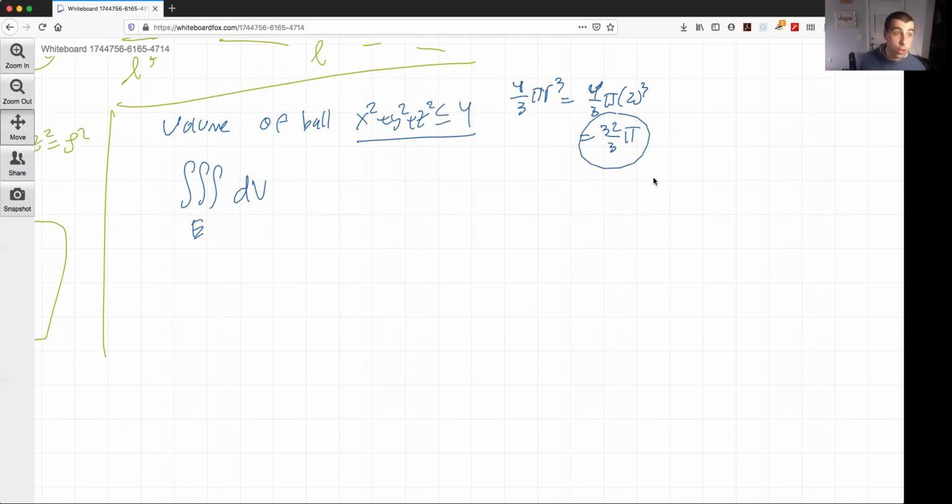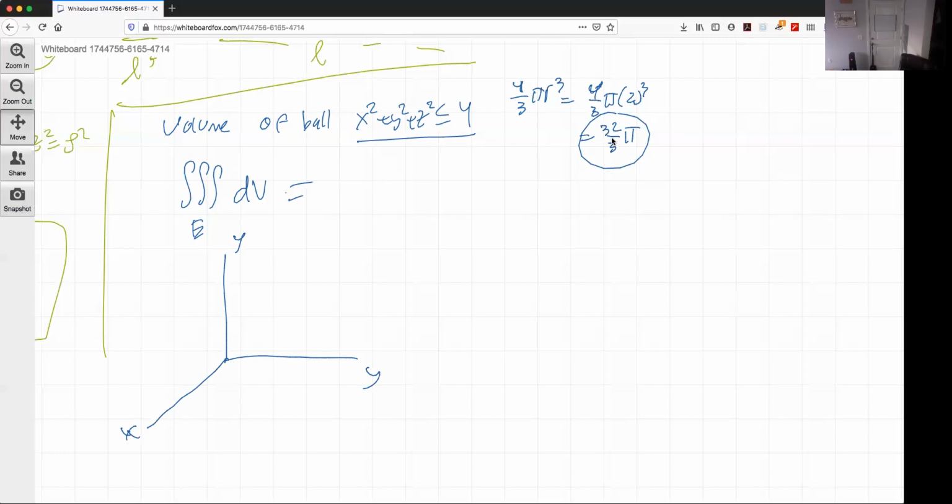I don't even need to know the integral, but let's try to prove via the integral that this is actually the answer. So the first thing we want to think about is if I have a full ball, and I'm going to draw this out very rigorously, just to show you the process of what one would do.